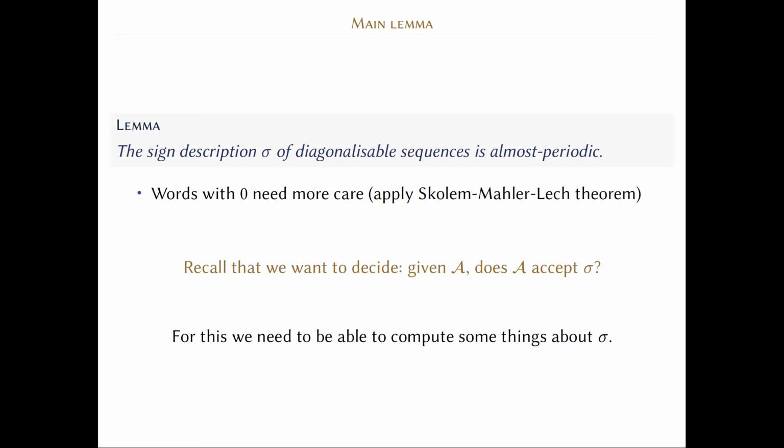So now that we have almost periodicity of the sign pattern of a diagonalizable sequence, what we still have to do is to show what to do if we have a prefix-independent automaton and our sign pattern, where we want to decide whether the automaton accepts the sign pattern.